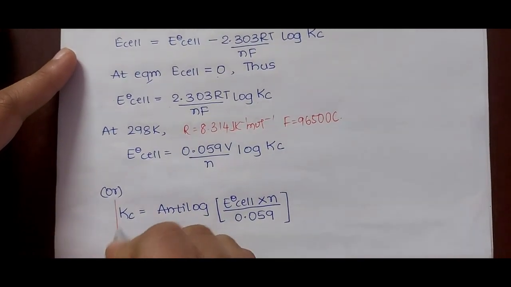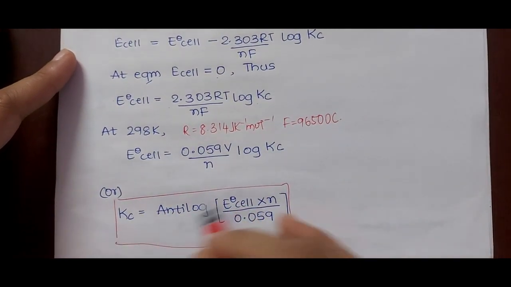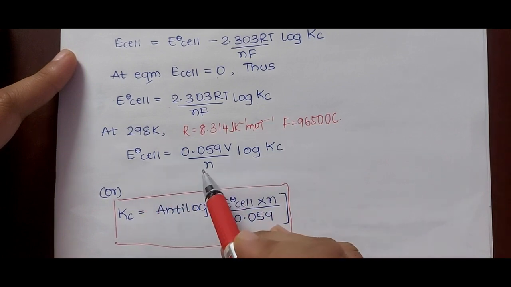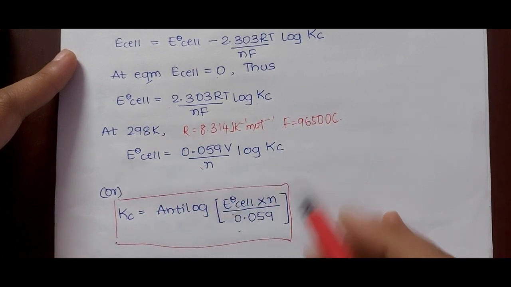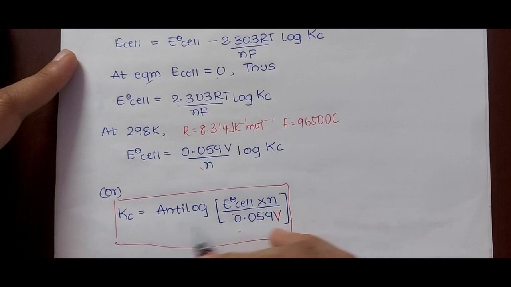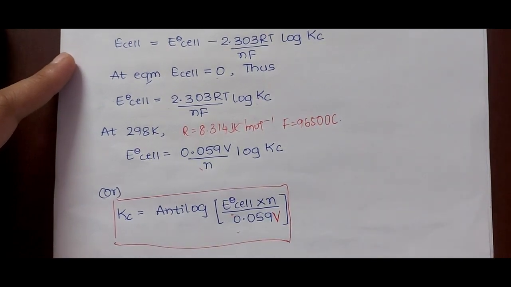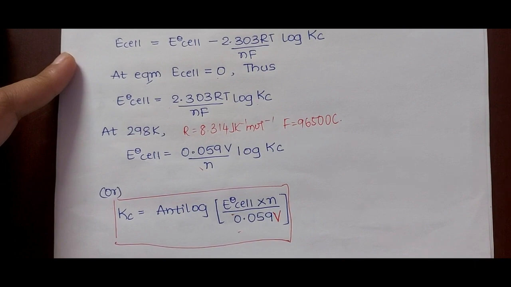Or you can calculate it in this manner: log Kc = E0 cell into n divided by 0.059 volt, and the anti-log of it will give you the value of Kc. So this is how we can calculate the equilibrium constant Kc if we know the EMF of a cell at 298 Kelvin.